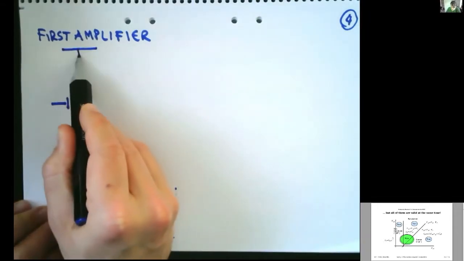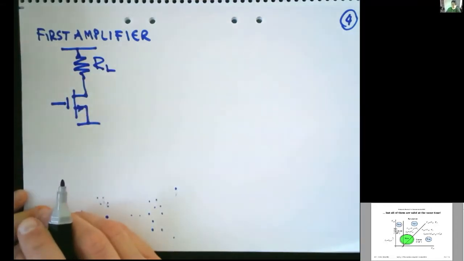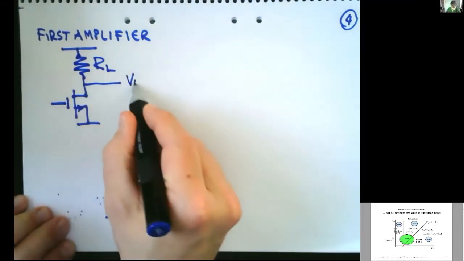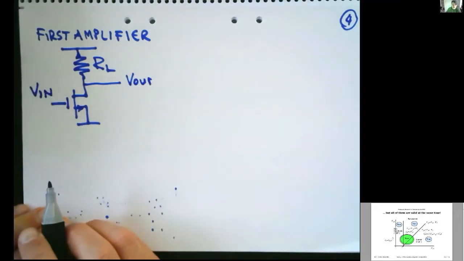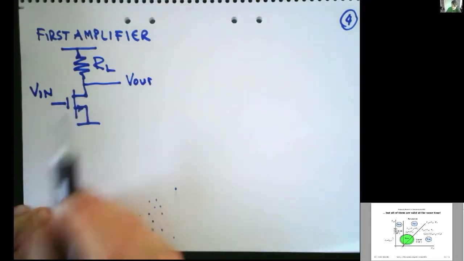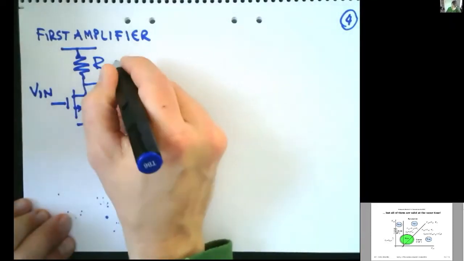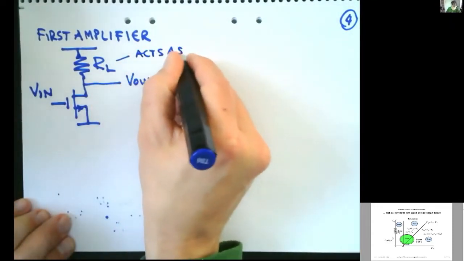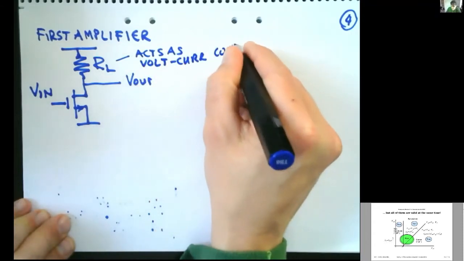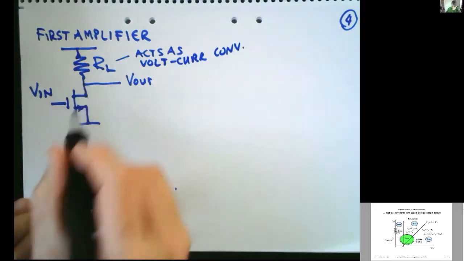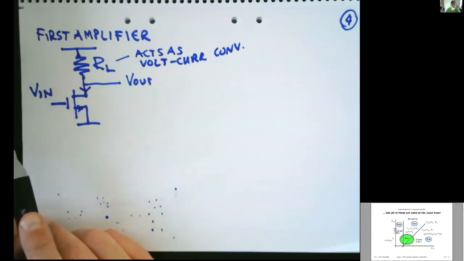So what we do is typically to connect that to a resistor, RL, and then I take my output voltage V out here, and I put my input voltage V in here. And here I have a voltage to voltage amplifier. So this RL only acts as a current to voltage converter, more or less. It just absorbs the drain current and creates a voltage at the output.